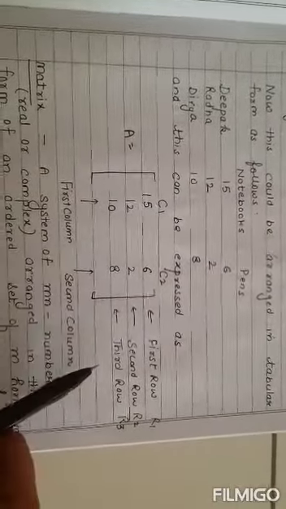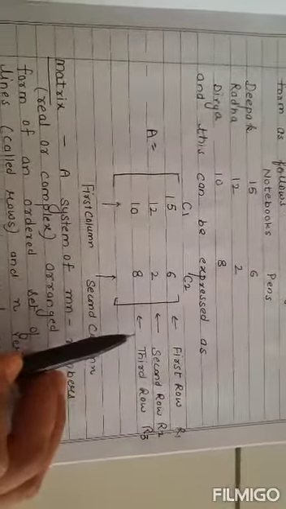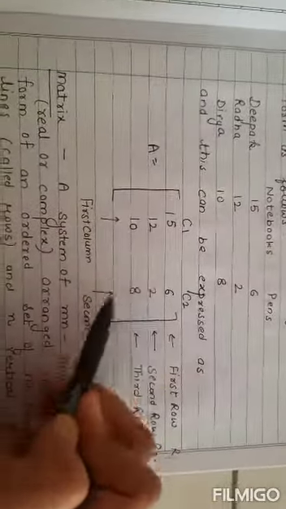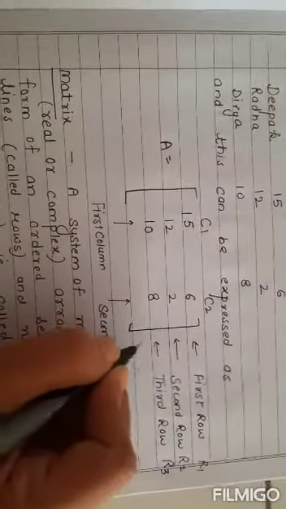So this is a system of 6 numbers arranged in the form of an ordered set of 3 rows, or horizontal lines, and 2 vertical lines, which are known as columns. It is called a 3 by 2 matrix.